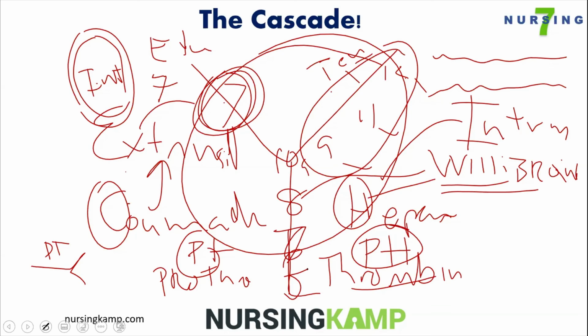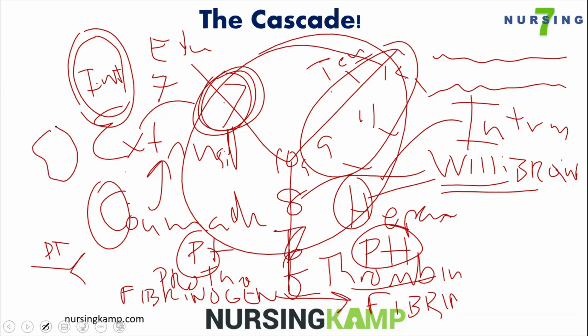All right, so then you have what's called fibrin. We saw that on that slide. First to become fibrin. Okay. All right. So, what does this mean? You have an injury, okay?